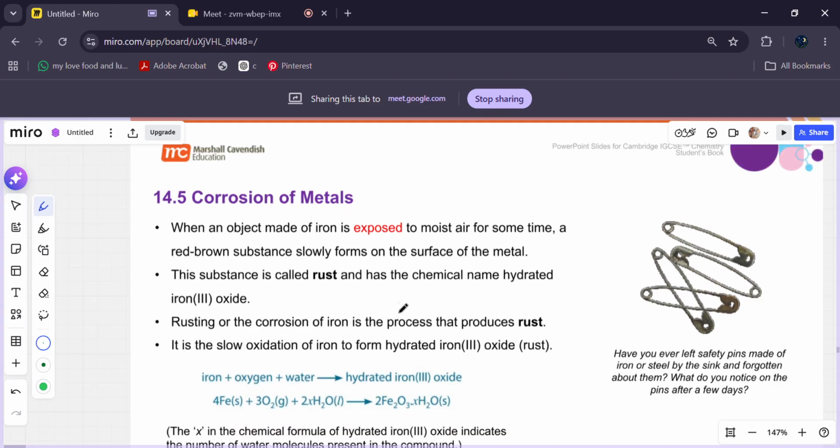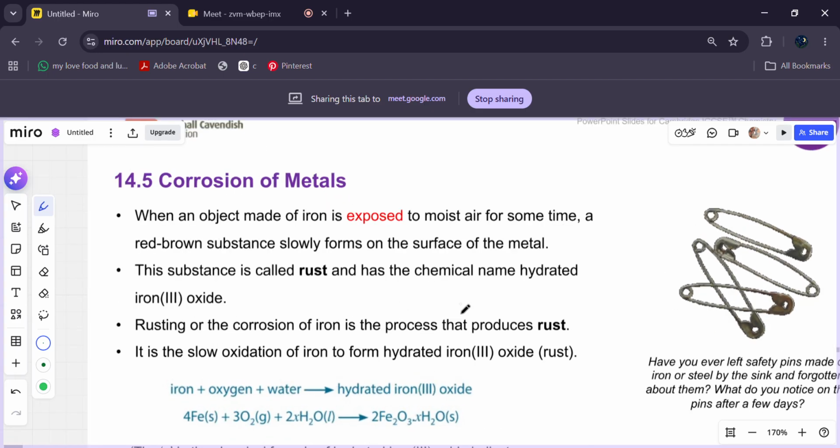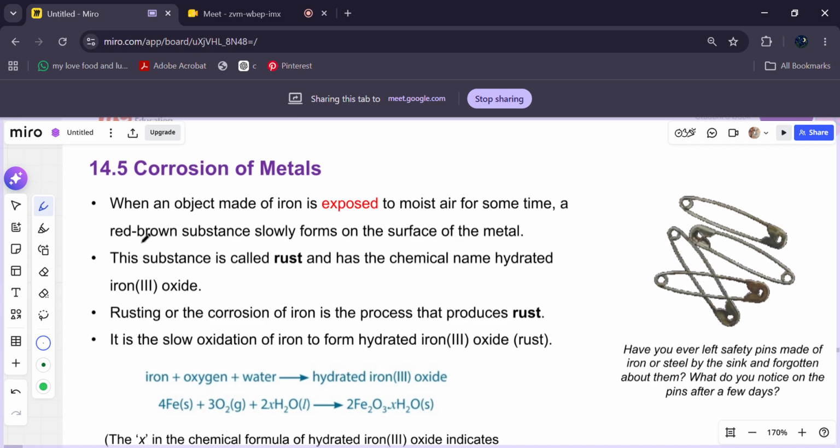Now, corrosion of metals. When iron is exposed to moist air for some time, a red-brown substance slowly forms on the surface of the metal. The substance is called rust, and its chemical name is hydrated iron(III) oxide. Rusting or corrosion of iron is the process that produces rust.